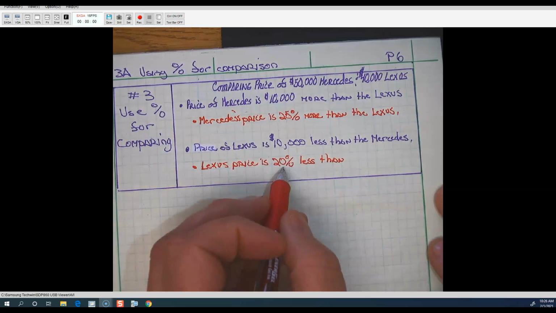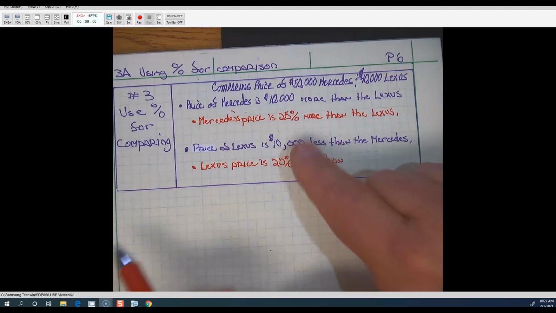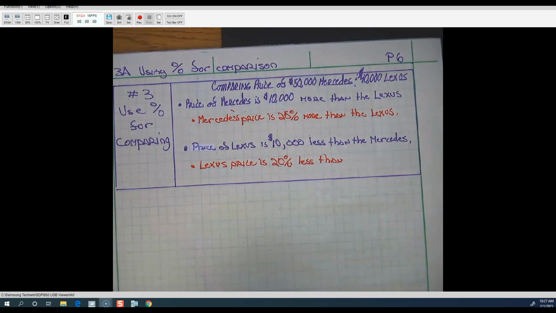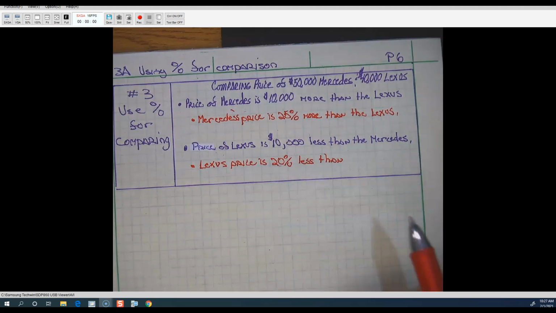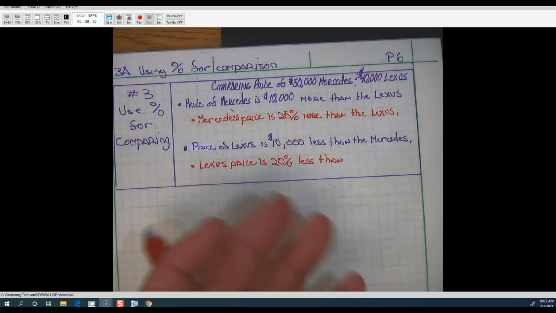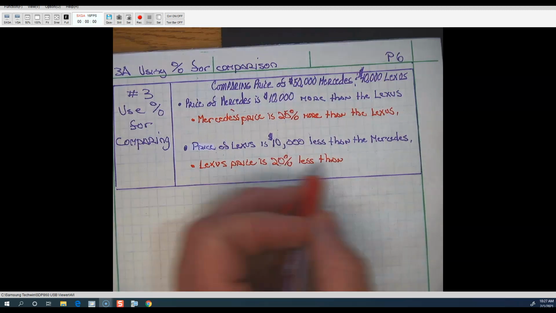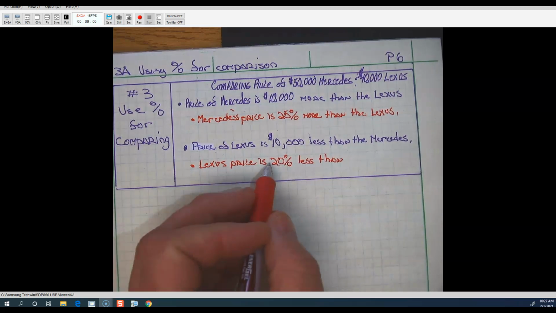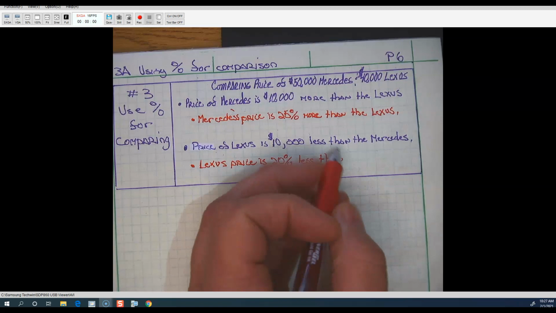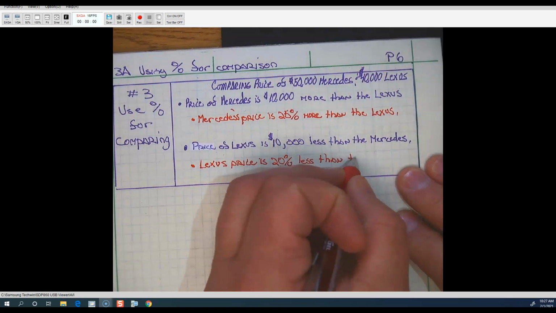Notice it's not 25%. So if the Mercedes costs 25% more, well, then how does the Lexus cost 20% less? Shouldn't it be 25%? And it isn't. That's something that people don't realize.